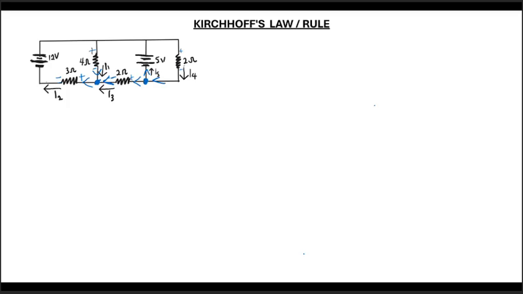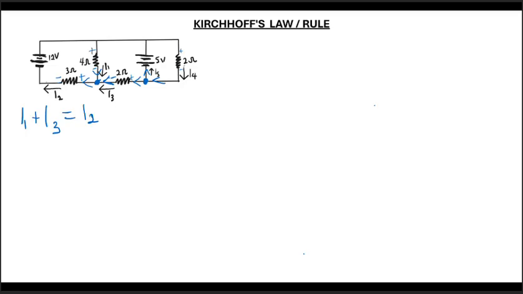The next thing is to use our KCL, which is our junction law, and the junction law states that the current that flows in must be equal to the current that flows out. The currents flowing into this junction are I1 and I3, and that equals I2, which flows out of the junction.